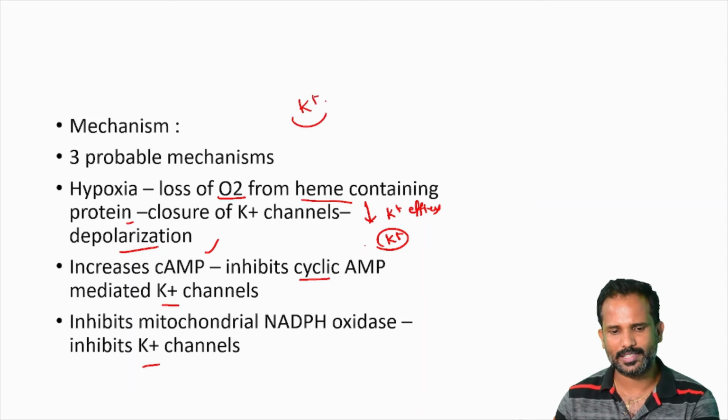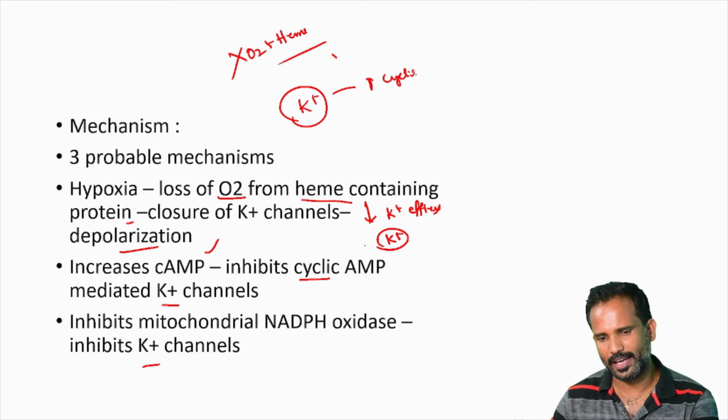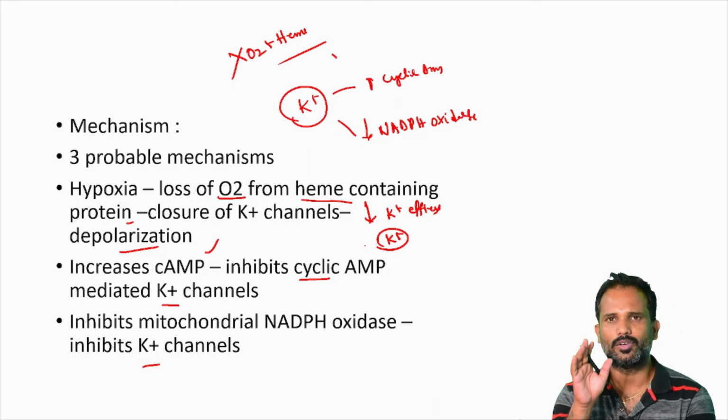So potassium channels can be inhibited when oxygen is less bound to the heme-containing protein, which causes K plus closure, or by increased cyclic AMP, or by decreased NADPH oxidase of mitochondria. These are the ways in which hypoxia can cause closure of potassium channels.